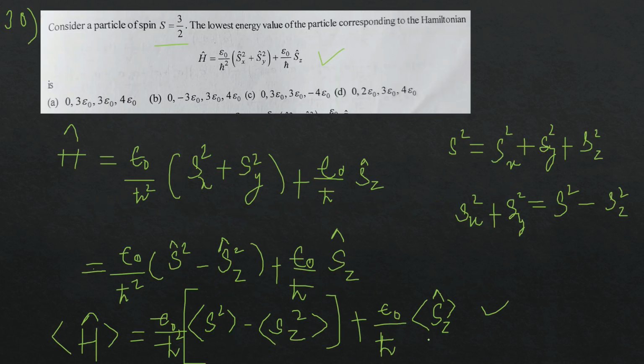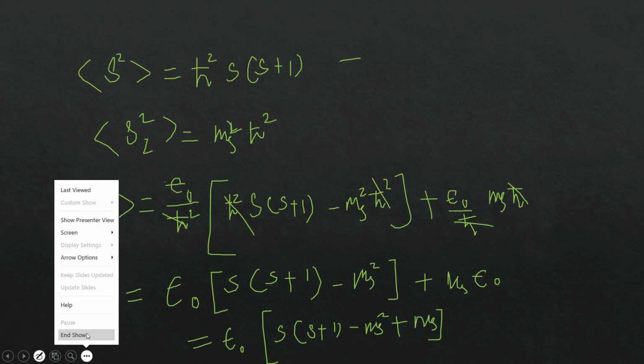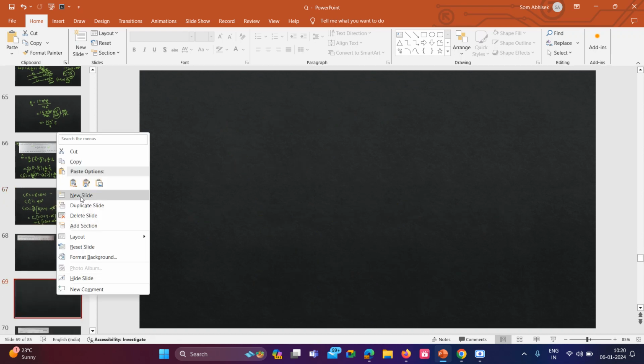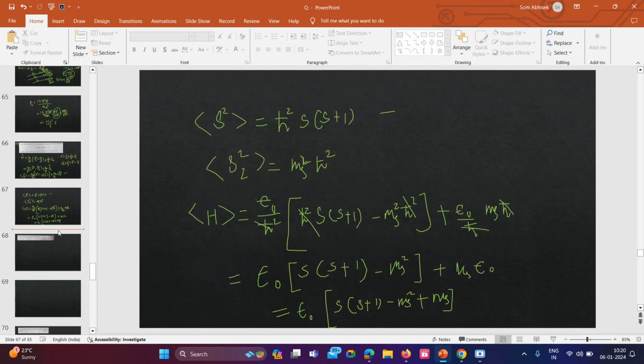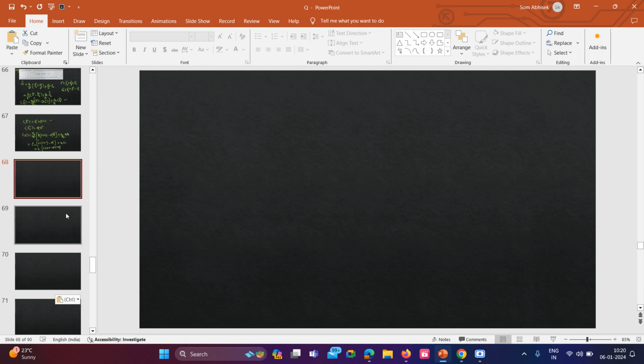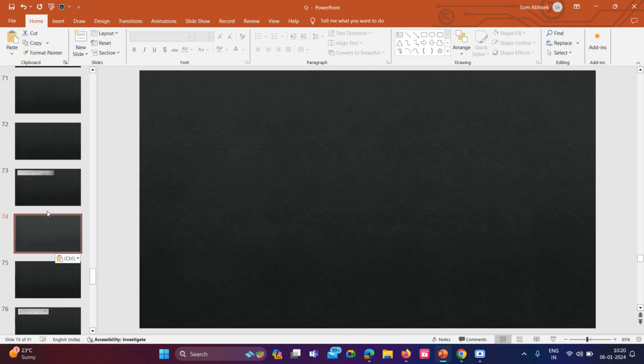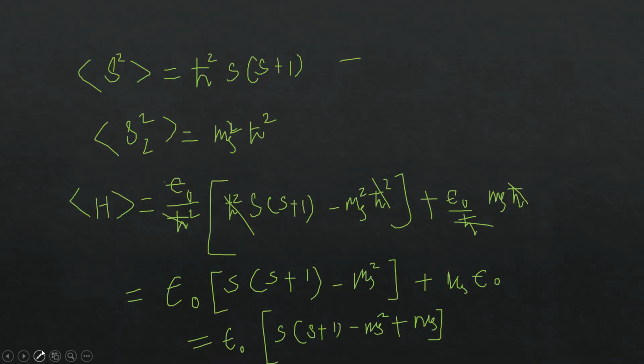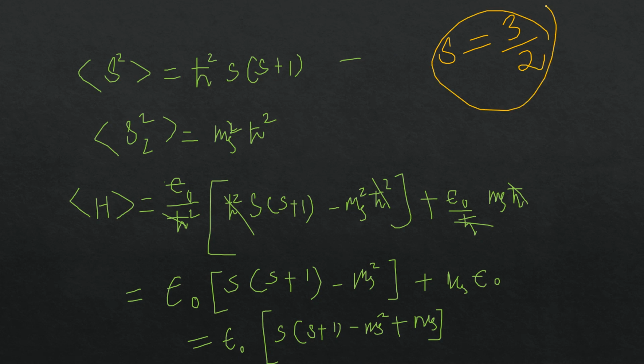Then what is the question? For a particle of spin s equal to 3/2, so I have to find for s equal to 3/2. For s equal to 3/2, what are the ms values?